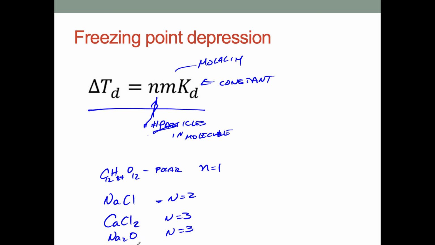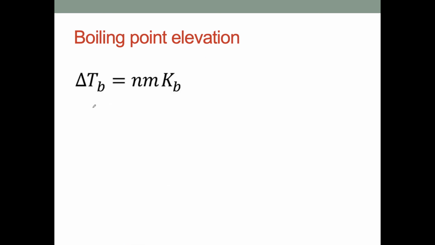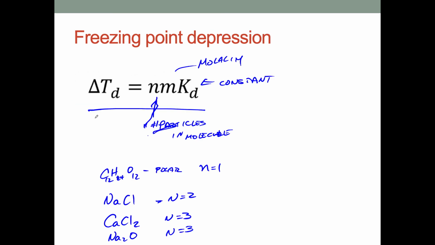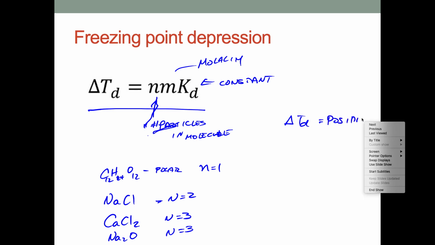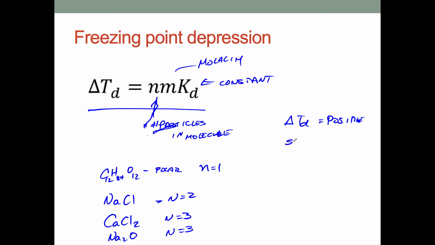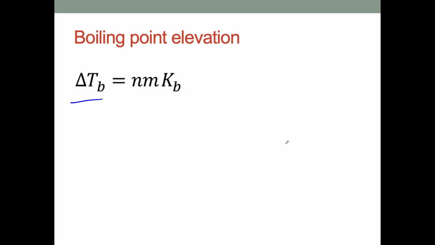Now with the boiling point elevation, it's going to be the same thing. This is the amount it changes. So with the depression, this is going to be delta T. The delta T is positive, but we're going to end up subtracting it from the freezing point to get the final temperature.